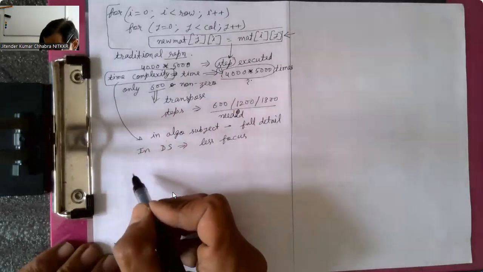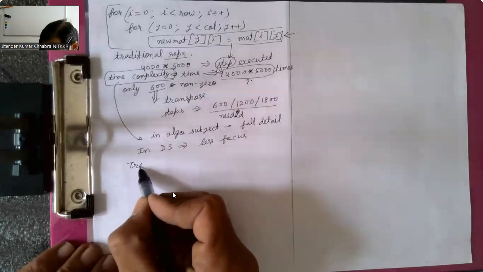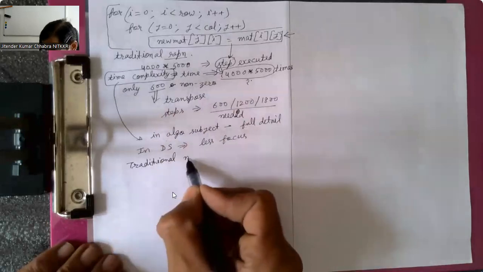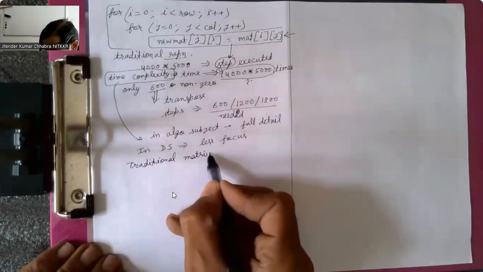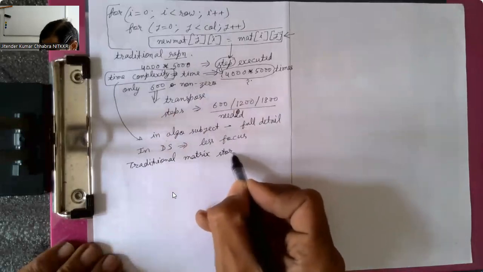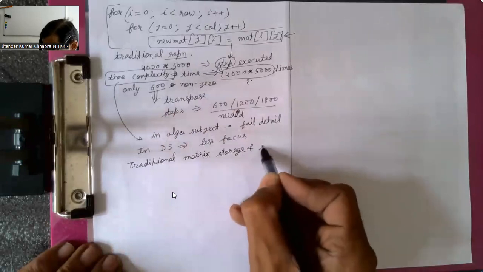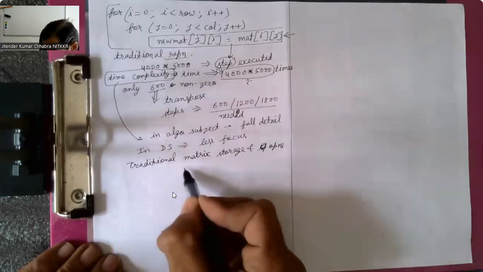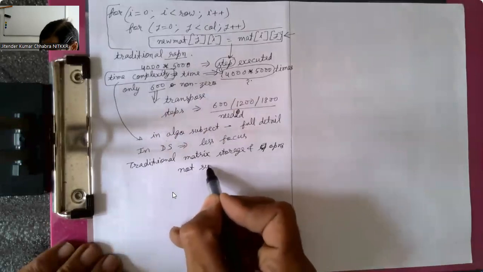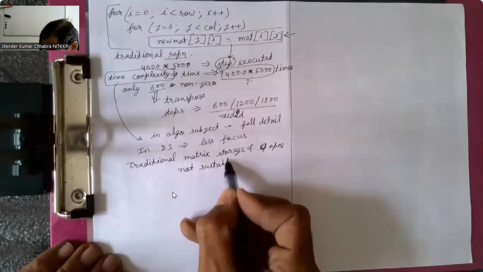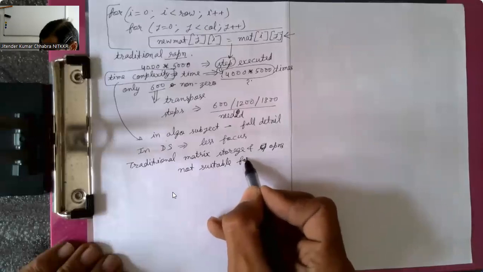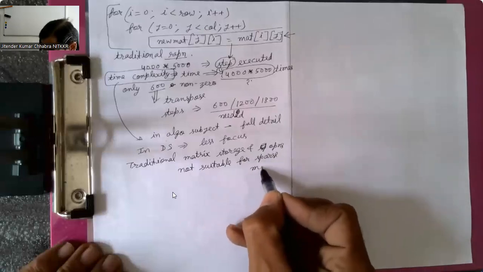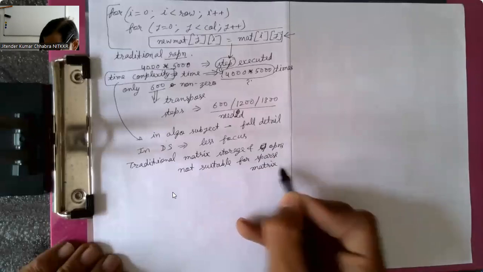Having said that, I now know that my traditional matrix storage and operations are both not suitable for sparse matrices. I can make better, easier, and more efficient storage, as well as efficient operations.